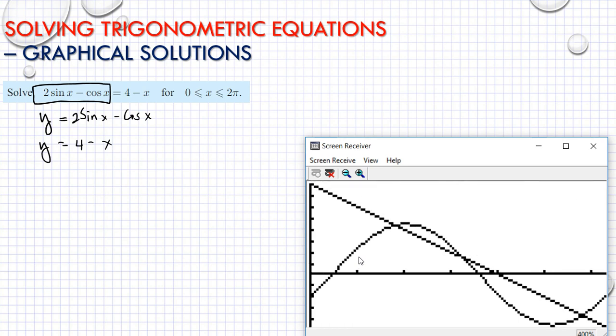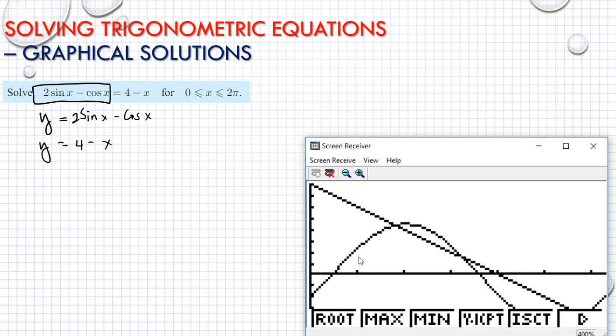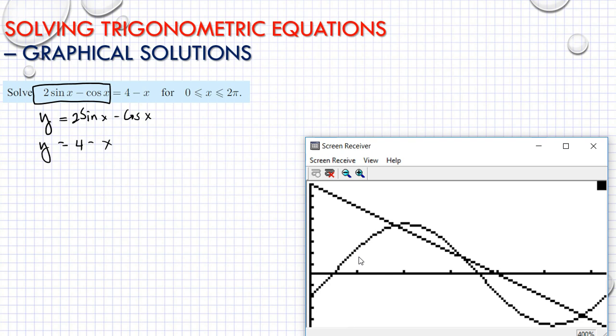You can see that there are points of intersection, and the points of intersection are the solutions of this equation. How to find that? We have G-Solve, graphical solve, F5, and then you can see that we have intersection there, ISCT, which is also F5.